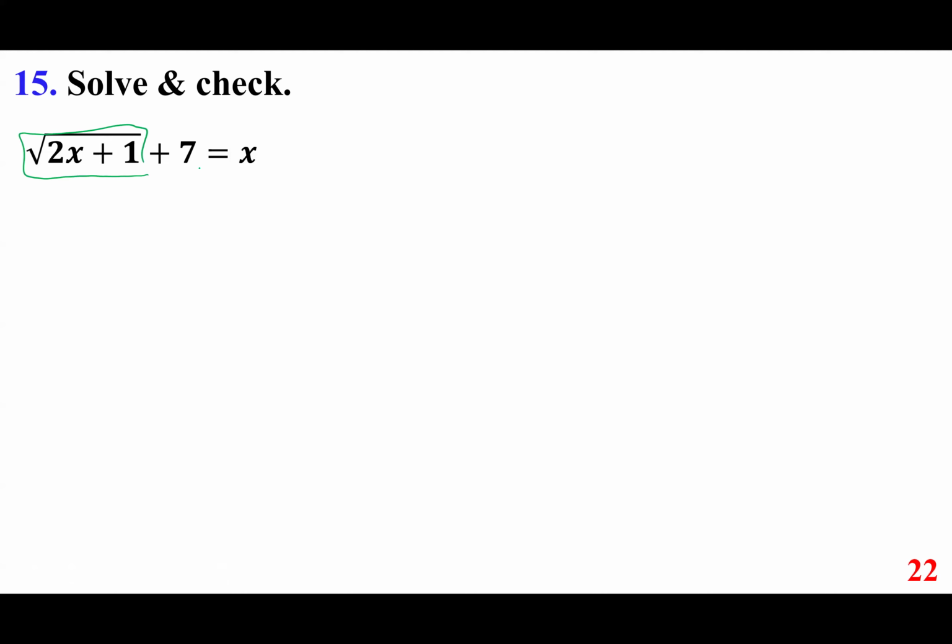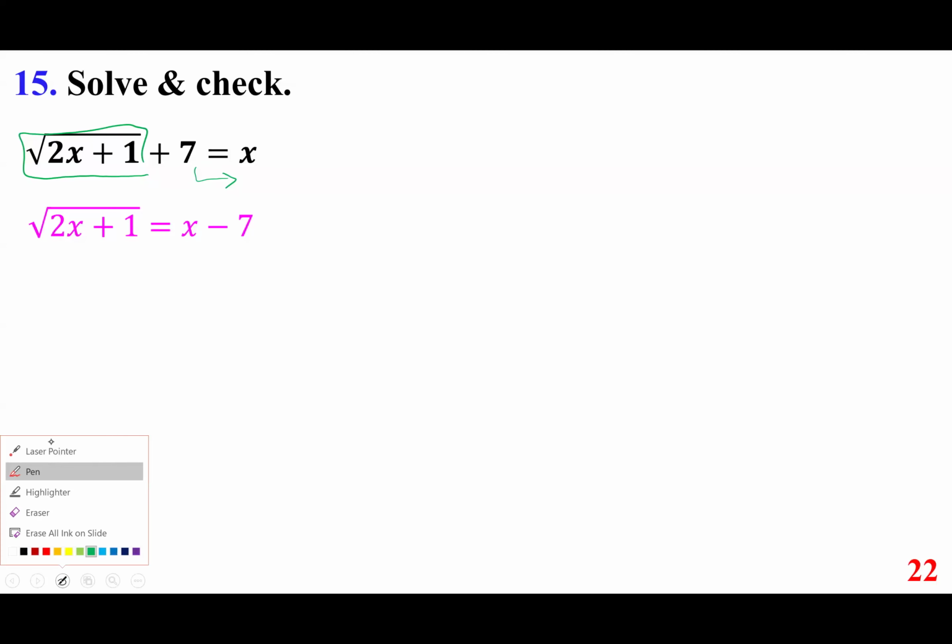To do that, you move the 7 and subtract it from the right side, x minus 7. The reason we do that is because the left side, we can take it out by squaring it. Why squaring it? The index is 2, the square root. So square this one to take it out. So you square both sides.